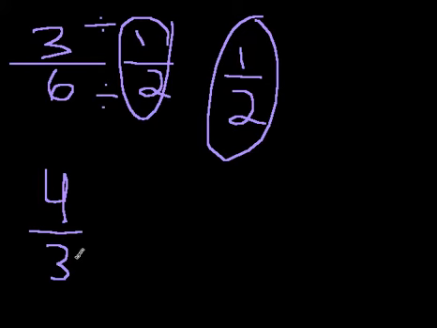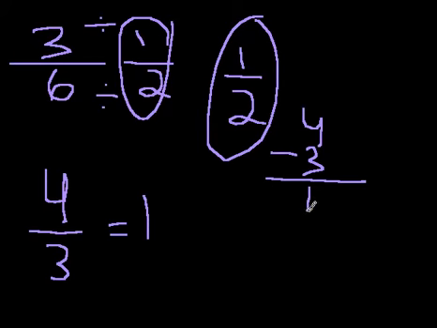Because 4 is bigger than 3, we know that 3 is a whole, so that'll be 1 whole, and then you have to do 4 minus 3 would equal 1. So then it'll be 1 and 1/3.